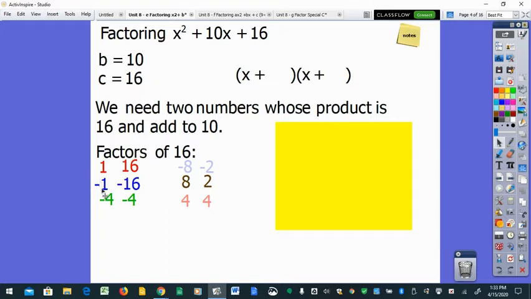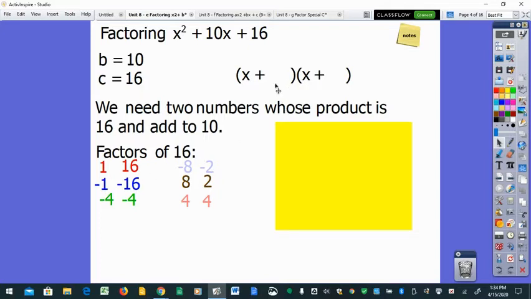And what I've done is I've written all the possible factors out here, and don't forget your negatives. So 1 times 16, negative 1 times negative 16, negative 4 times negative 4, positive 4 times positive 4, 8 times 2, and negative 8 times negative 2 are the only combination of integers that will multiply to give us 16.